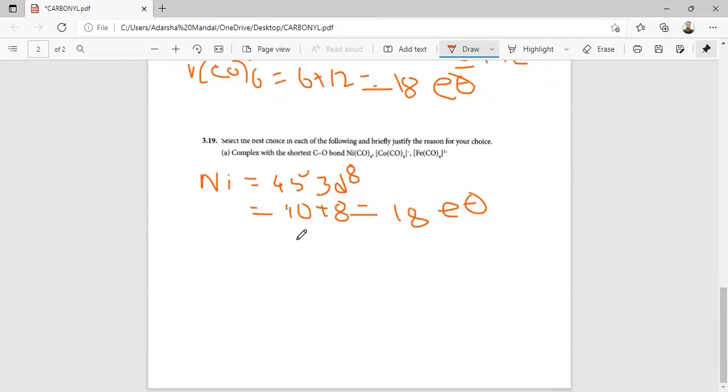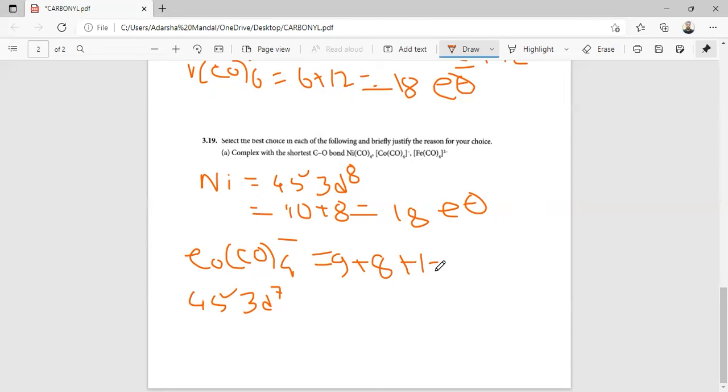And for cobalt, in Co(CO)4 minus, the cobalt configuration is 4s2 3d7, so 9 plus 8 plus 1 is equal to 18 electrons.